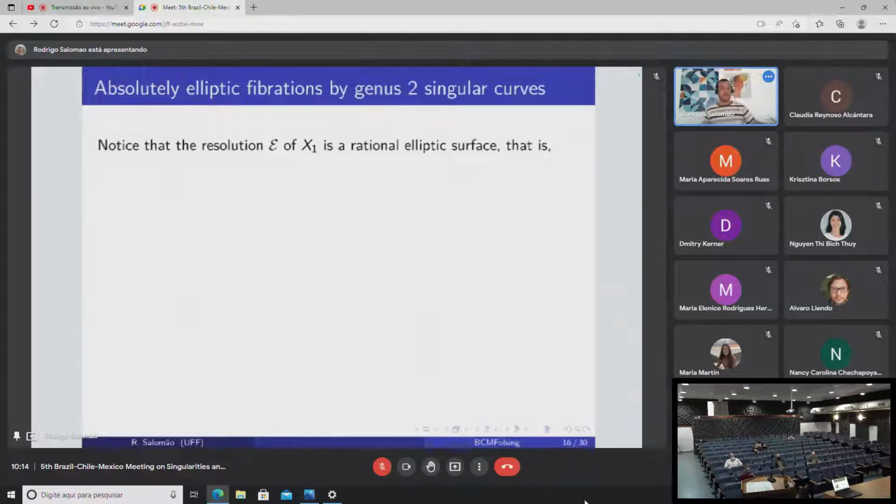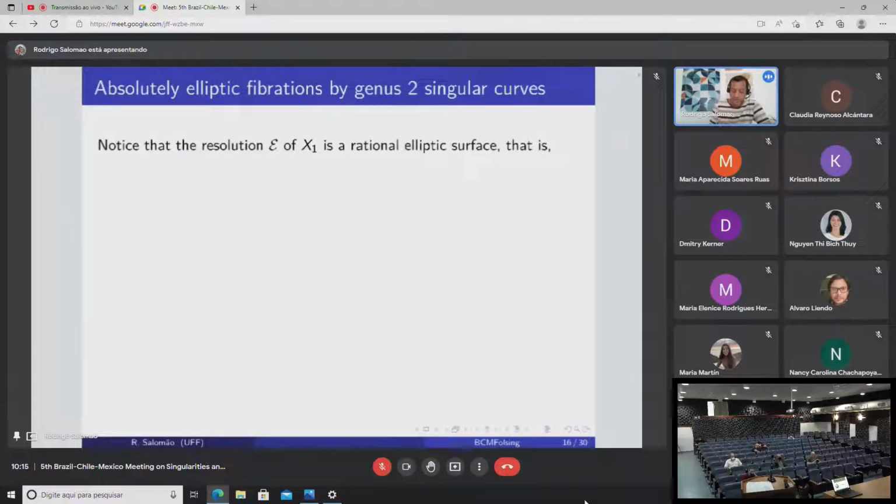Well, so in order to describe these fibrations by absolutely elliptic fibrations by singular curves of genus 2, we need some remarks, and the first one is this one.